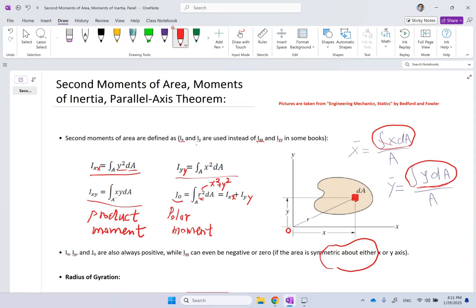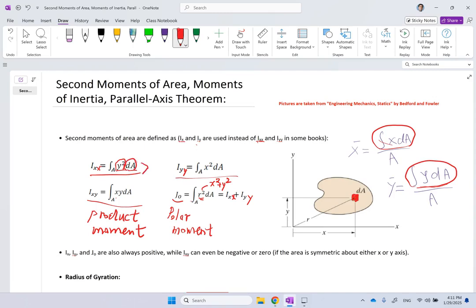So they could be positive, negative, or if it's perfectly symmetric with respect to, let's say, the y-axis, then this one here is going to be 0, because for a positive x you have a similar negative x. So they could be positive, negative, or 0. Now, for the second order moments, that's not the case. Here, you are always multiplying a positive number by the area, which is also positive.